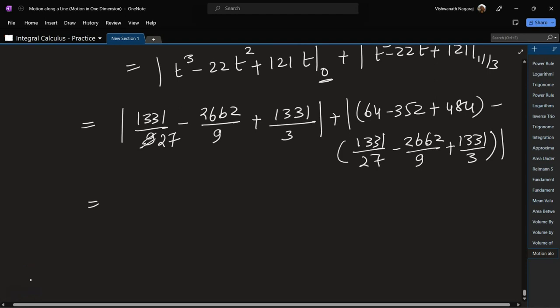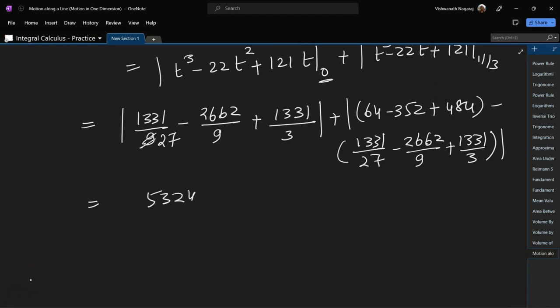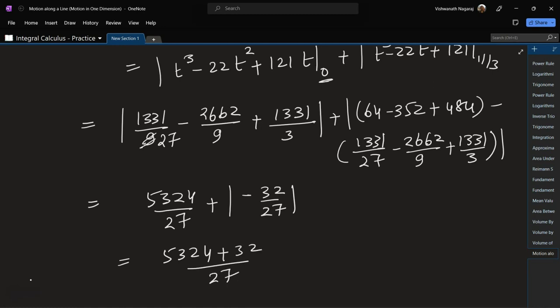And if we simplify or evaluate this, we get 5324 by 27 plus the absolute value of minus 32 by 27, which becomes plus, so 5324 plus 32 by 27, which gives us 5356 by 27 units, whatever it is.